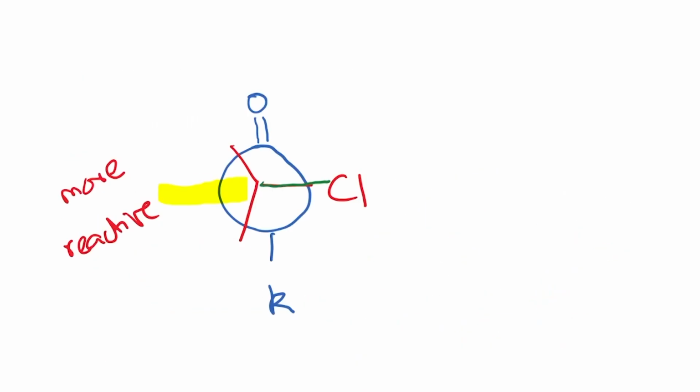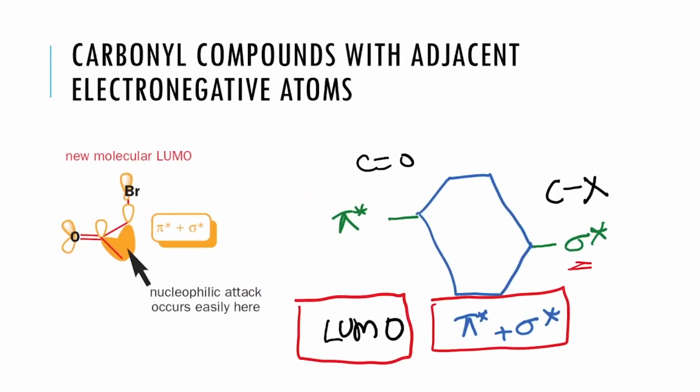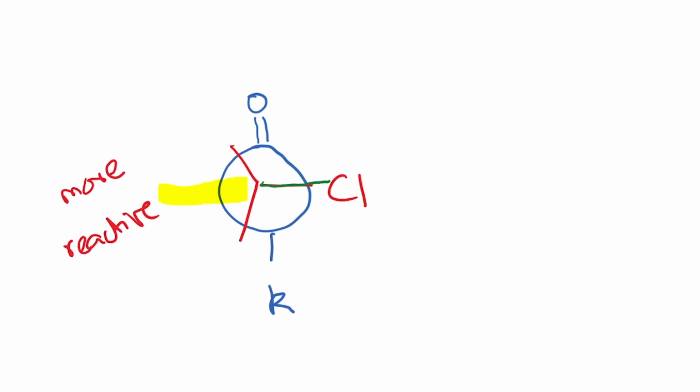So if I draw this picture a little differently, when the carbon-chlorine bond is perpendicular to the C=O bond, keep in mind that this stabilization that we are suggesting happens when the carbon-bromine bond is perpendicular to the carbonyl, so as to maximize the orbital interaction. So when the carbon-chlorine bond is perpendicular to the C=O, then the attack which happens on this carbon here is going to happen in a much easier and faster way, because this kind of arrangement is more reactive.